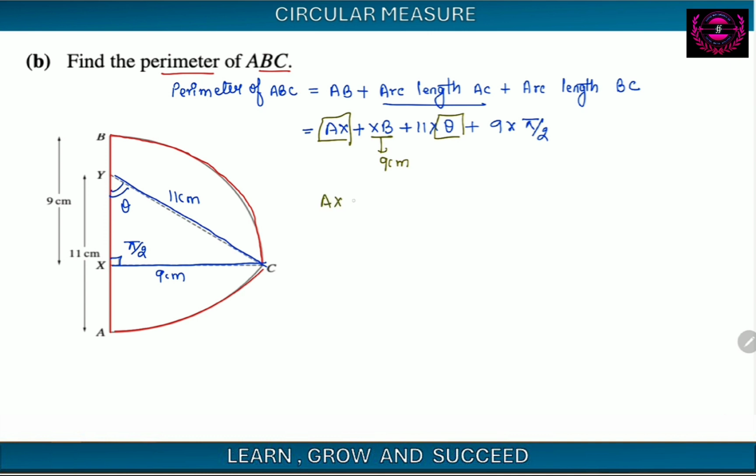AX is AY minus XY. And AY is 11 minus XY using triangle XYC.